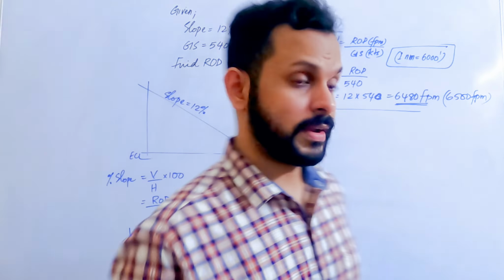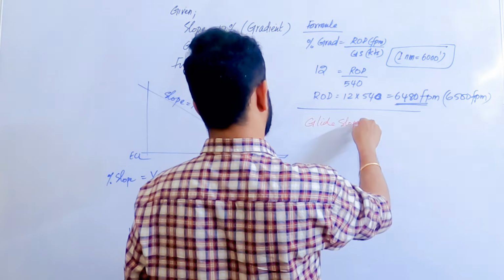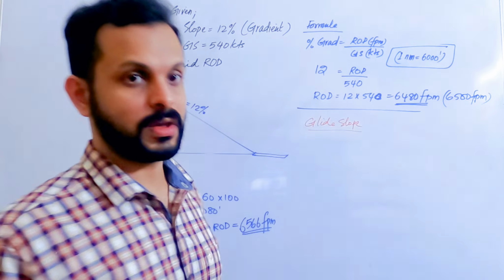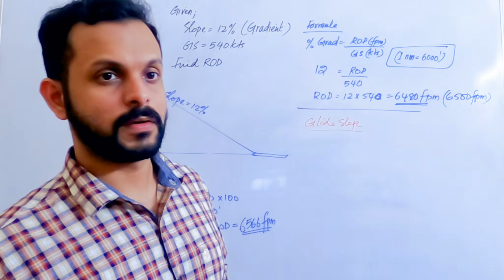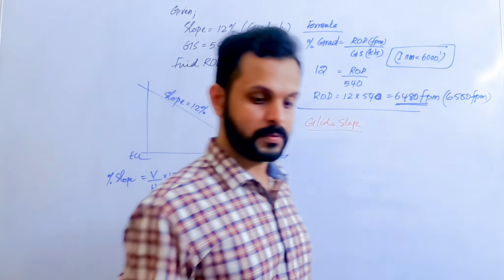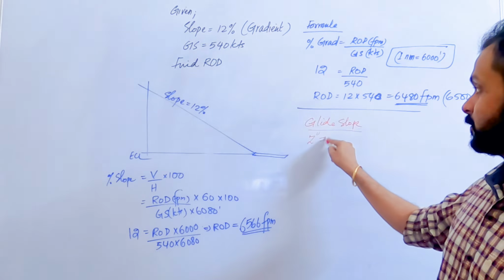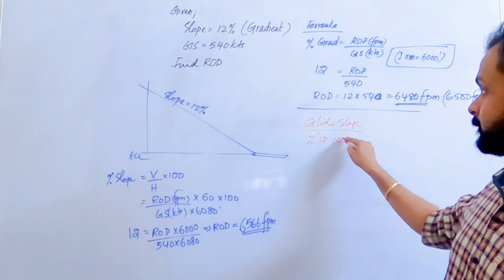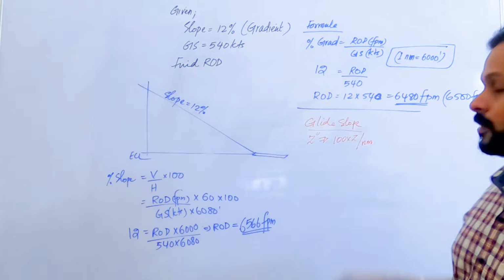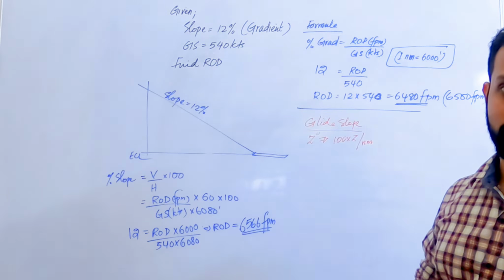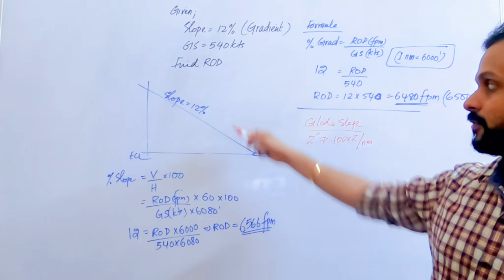Will you be able to find the glide slope here? That's not part of the question, but I'm curious. Can you find the glide slope? I'll give you some time. The glide slope is z degrees. What's the meaning of that? You're losing 100 times height feet every nautical mile. You have a slope of 12%.